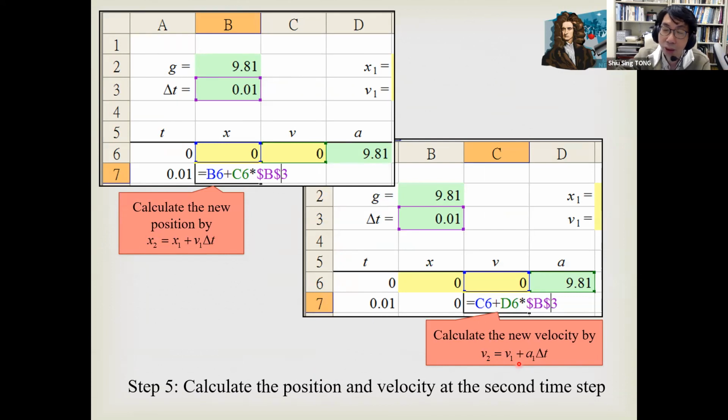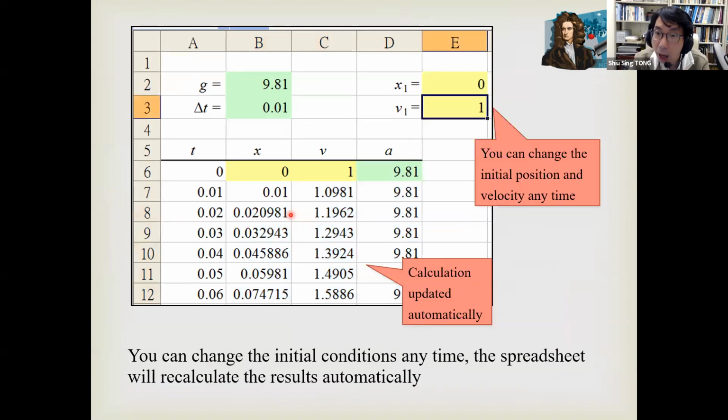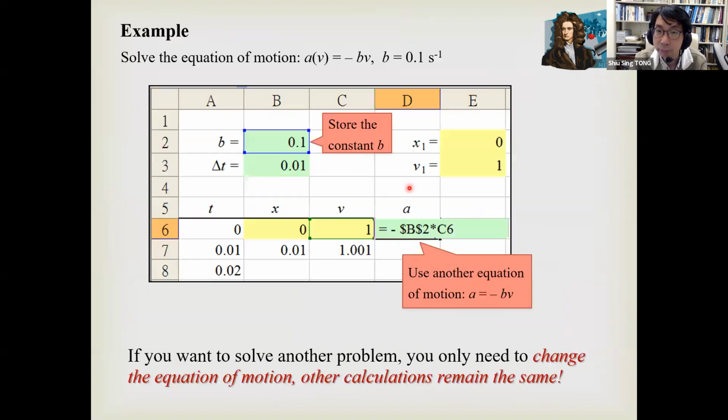Even if you are calculating a rocket flying into the deep space or a projection of a tennis ball, it doesn't matter because these two equations are the kinematic equation and it's independent of whatever acceleration you have, right? So you don't need to change it. The only thing that you need to change is how you calculate the acceleration. That is the thing you want to change.